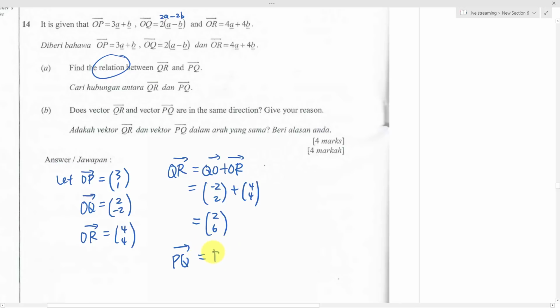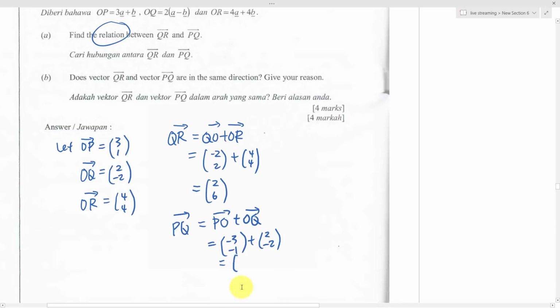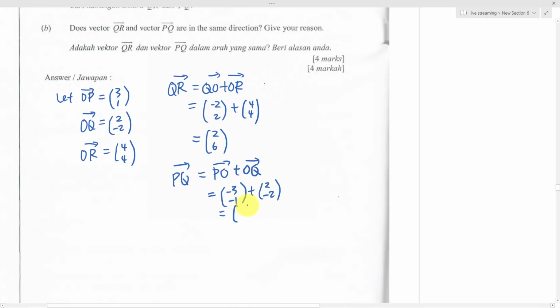PQ is PO plus OQ. PO will be -3, -1. OQ will be 2 and -2. So I solve this one, I should be able to get -1, -3.